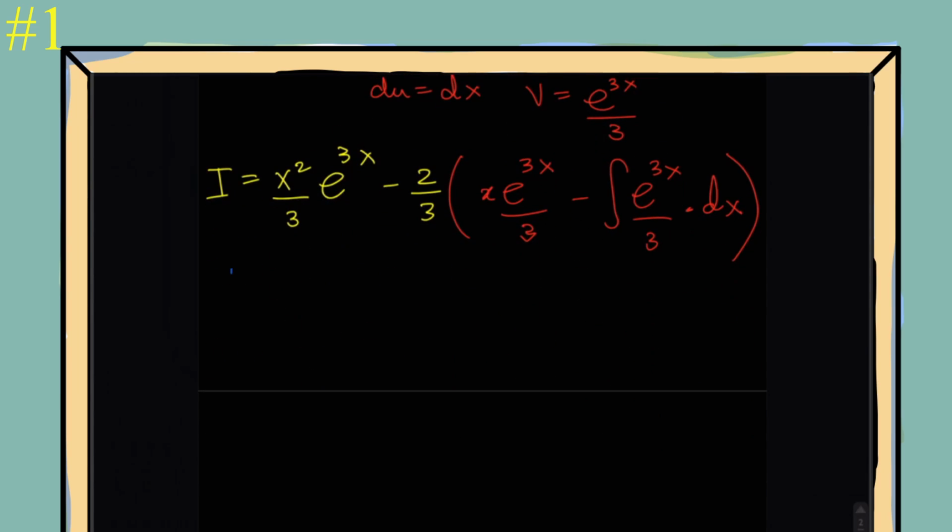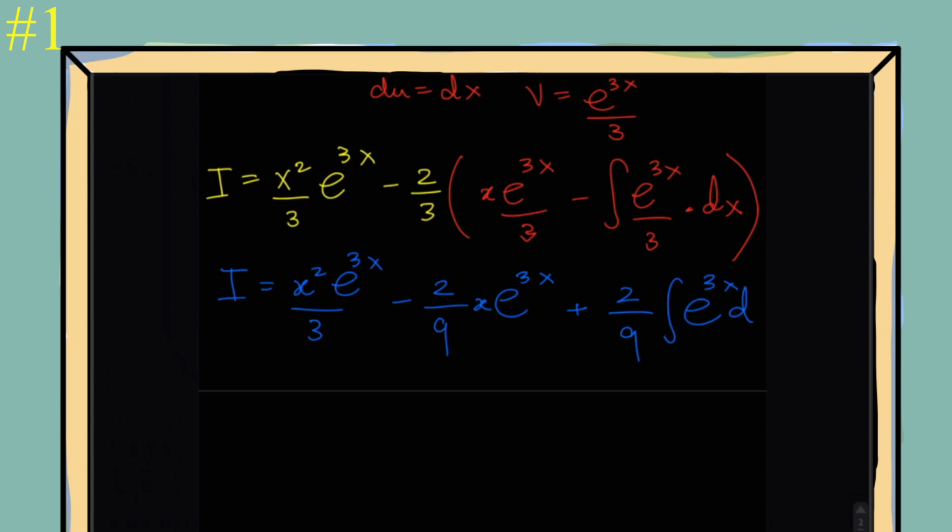Okay, so let's write this out. That's going to give us x squared e to the 3x over 3 minus 2 over 9 x e to the 3x plus 2 over 9 integral e to the 3x dx.